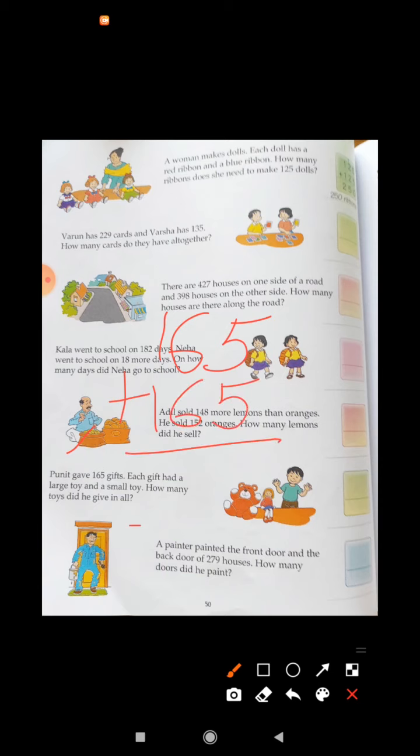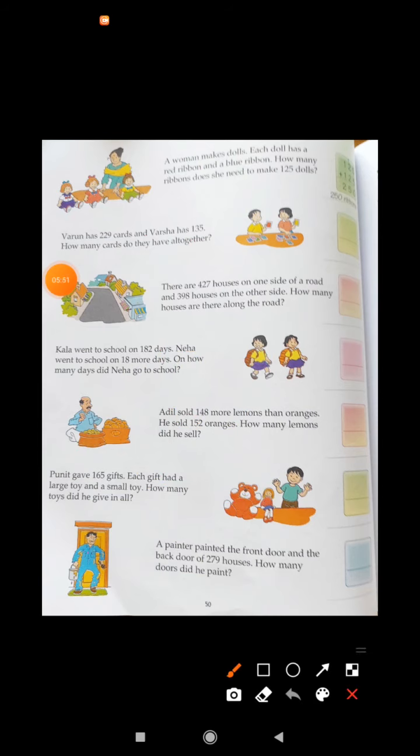Now add together. Add the ones. 5 plus 5 is 10. Write 0, 1 carry. Now add the tens. 6 plus 6 is 12. 12 plus 1 is 13. Write 3 here, 1 carry. Now add the hundreds, it is 3. The answer is 330 toys.